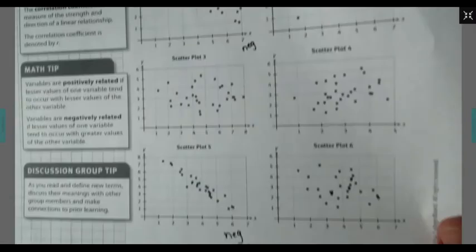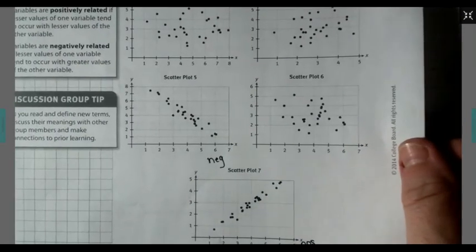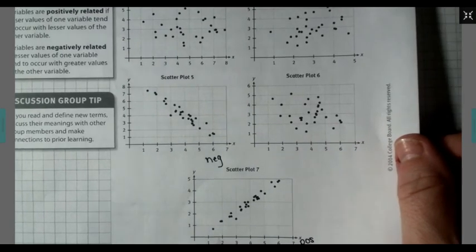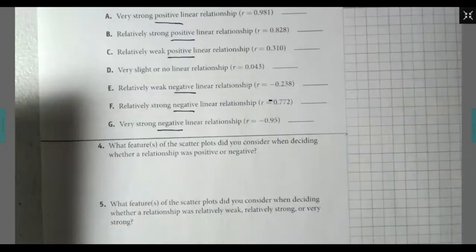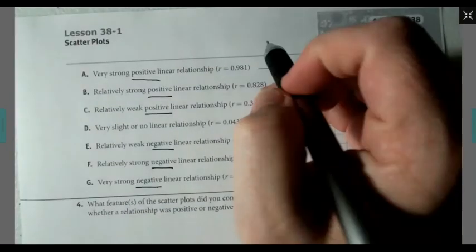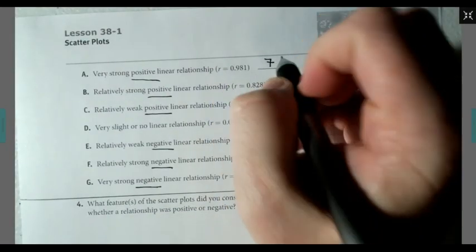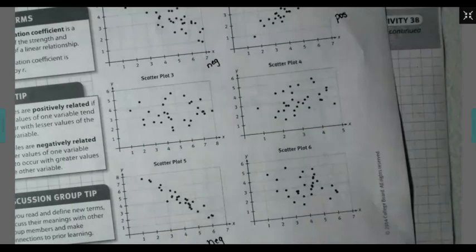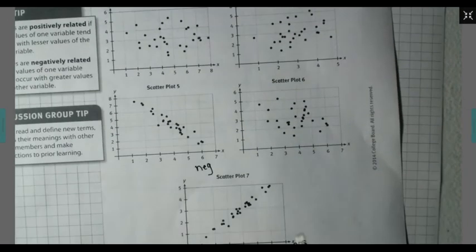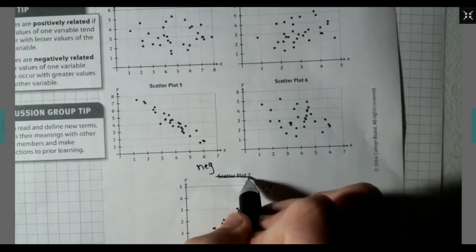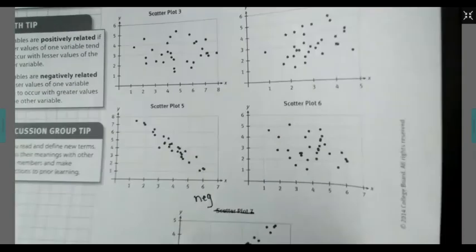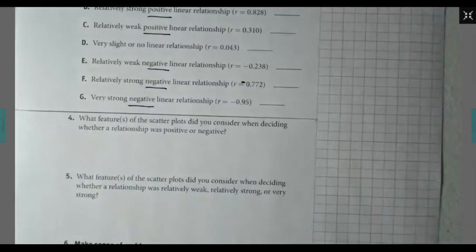Which one of those is stronger than the other, meaning that it forms a very distinct line? Well, clearly that would be scatter plot number 7. Now remember that these match one and only one. So we cannot use scatter plot 7 again. We've already used it.